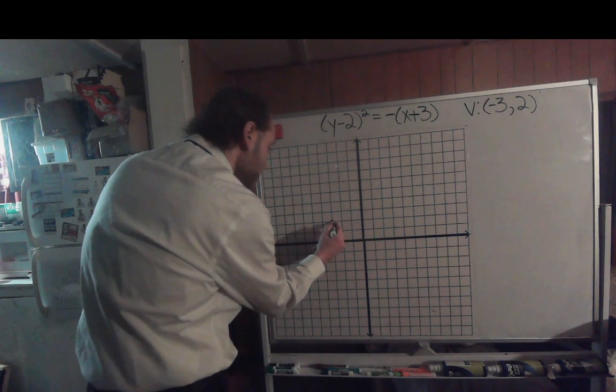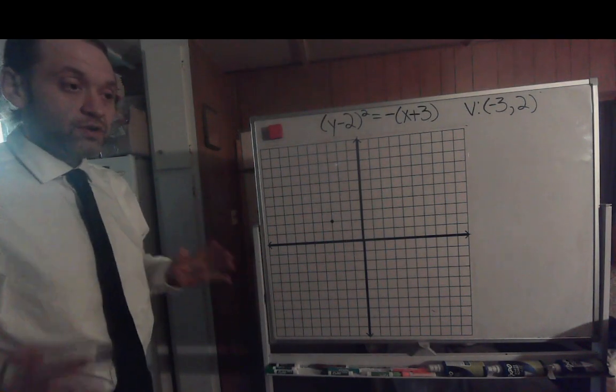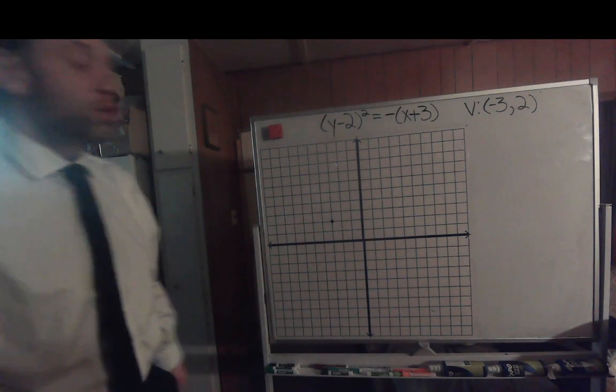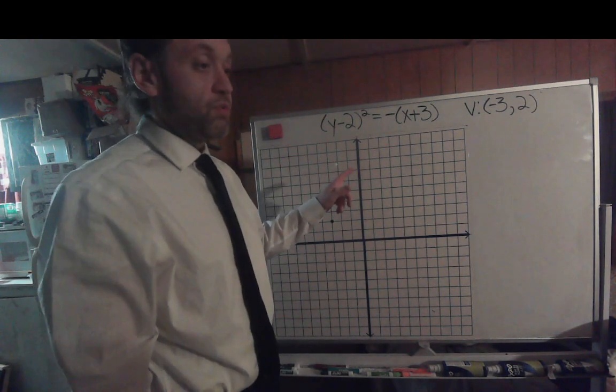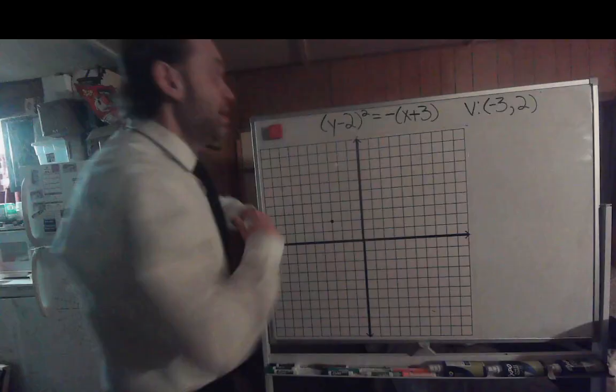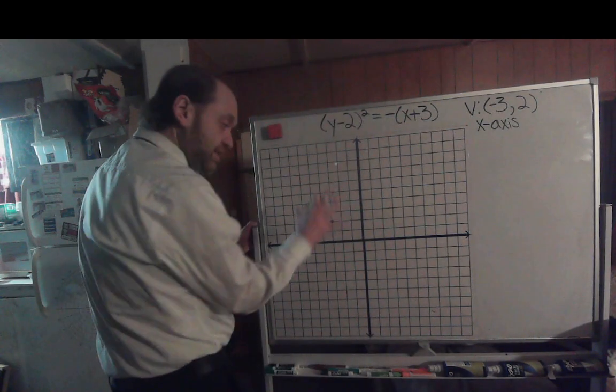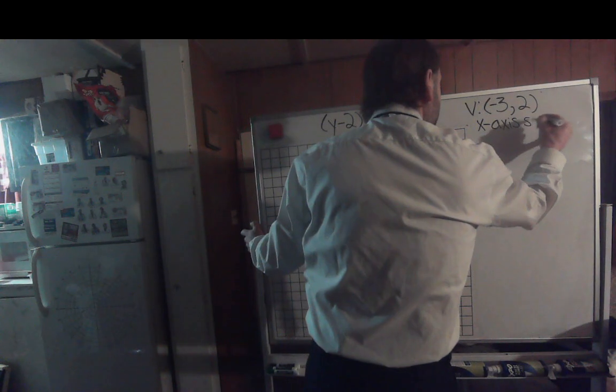So there's your vertex right there. Alright, so now we've established our vertex. And what variable is linear in this one? It is x. So x is linear, that means it's going to have x-axis symmetry, which means it'll mimic being on the x-axis. Alright, now let's find p.